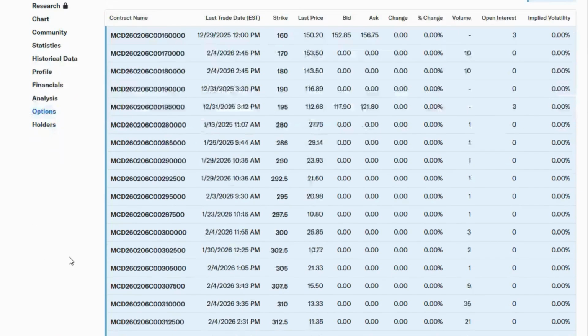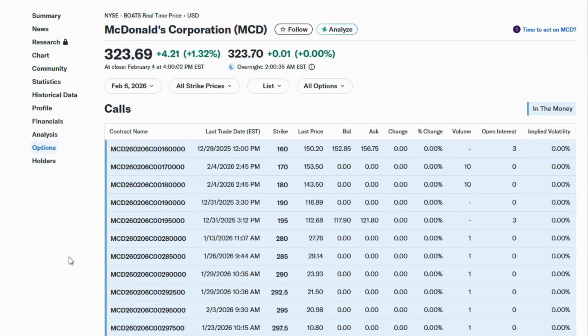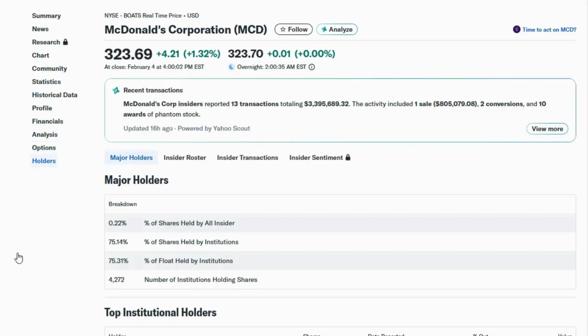On the Options tab, you'll see the options chain for both call and put options on McDonald's stock. These are derivative contracts, and because the risk and potential returns are higher, they are typically used by more advanced investors. It's not advisable to trade options unless you understand how these contracts work and how their prices change.